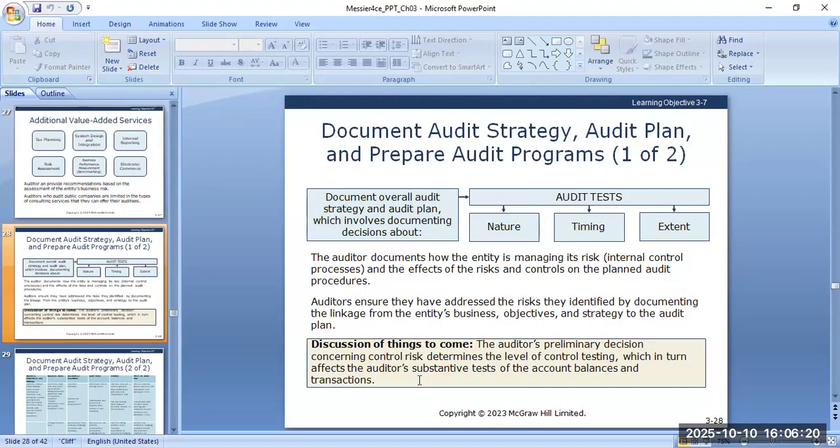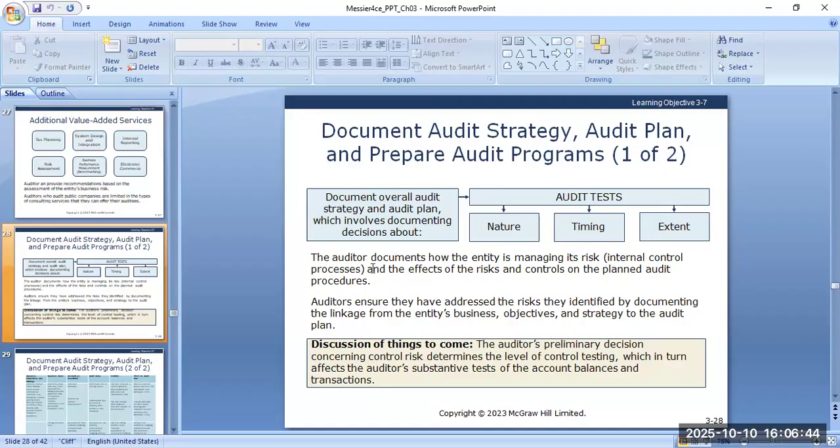Now, documents that we're going to gather. How are we going to document the audit strategy, audit plan, and prepare the audit program? We're going to document the overall strategy in the audit notes by identifying the nature, the timing, and the extent of the audit.